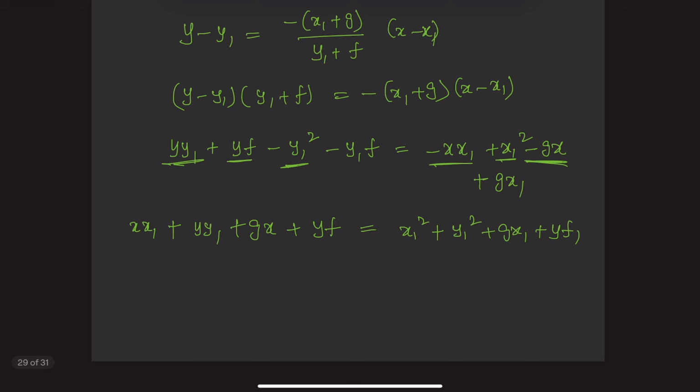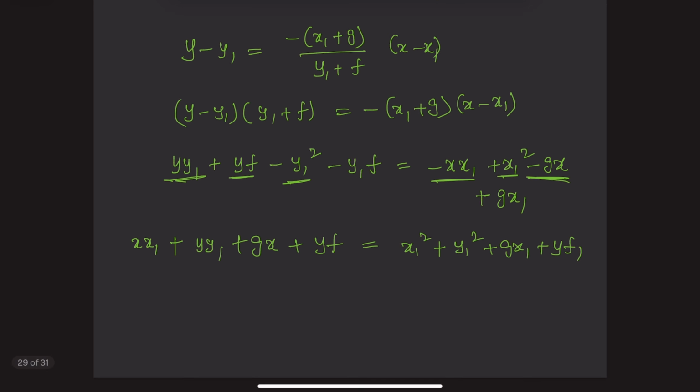So now what I'll do is I'll add g x1 on both sides. So x x1 plus y y1. So this will be g x plus g x1.